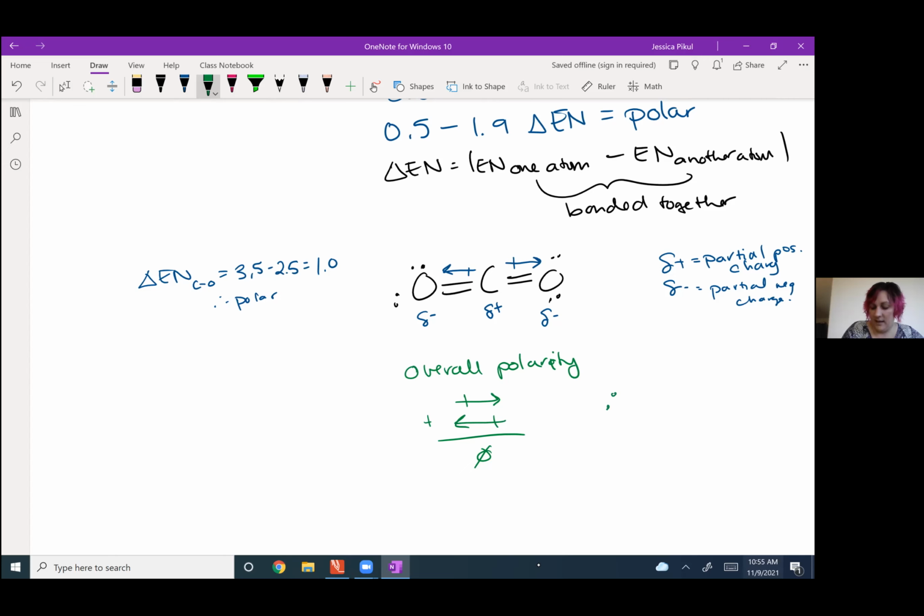So this is a nonpolar molecule that has two polar bonds. Later on this will dictate if it dissolves in fat or water, and in this case, if it's nonpolar, it will dissolve in a fat. And so that's why we use polarity. All right, and I'm going to pause there.